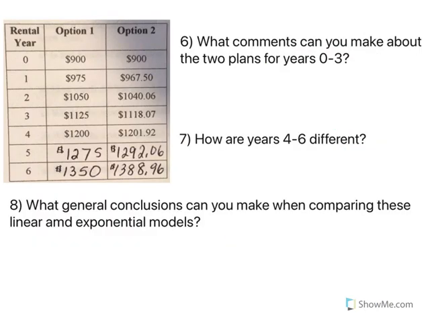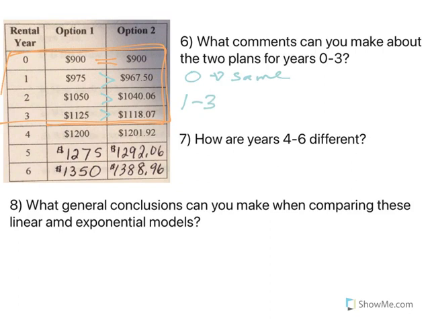What comments can you make about the two plans at years 0 to 3? All right, so focus 0 to 3. Well, in year 0, they're the same. After that, greater, greater, greater. So for year 0, they are the same.